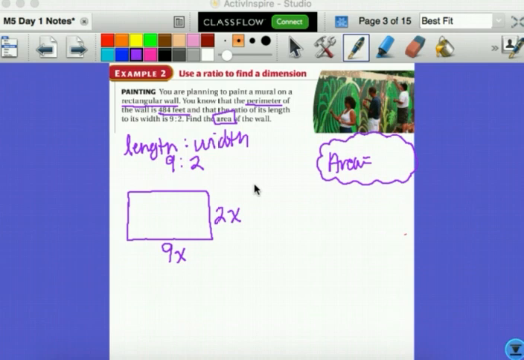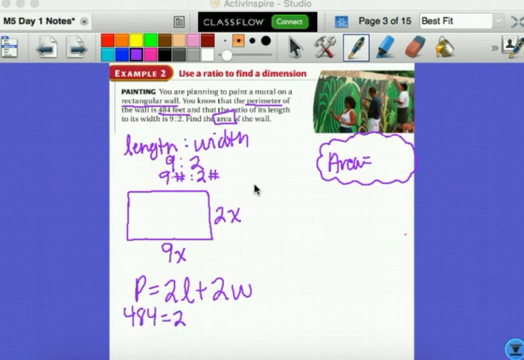So this used to be 9 times some number and 2 times some number. But to represent that number, we just placed a variable, and in this case we chose x. So for perimeter of a rectangle, we know that we're supposed to have twice the length plus twice the width. So looking at what we have, I know the perimeter is 484.